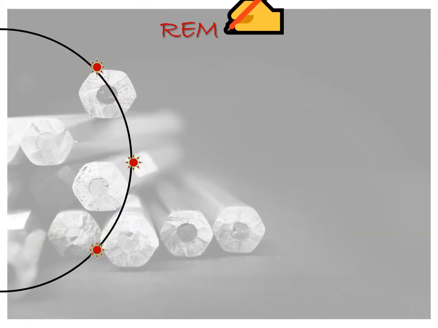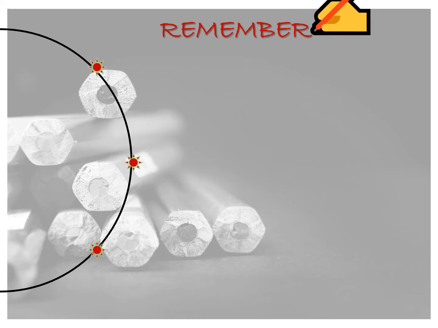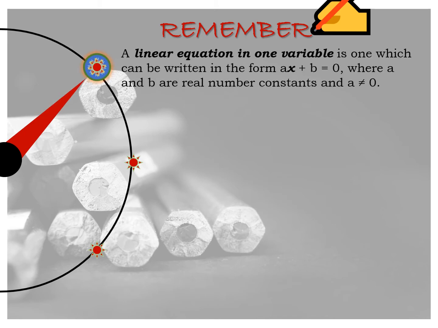This part will be the summary of the lessons. Remember, a linear equation in one variable is one which can be written in the form ax plus b equals 0, where a and b are real number constants and a should not be equal to 0.